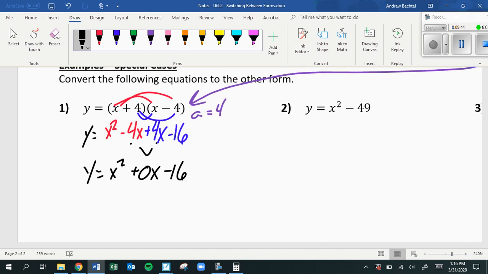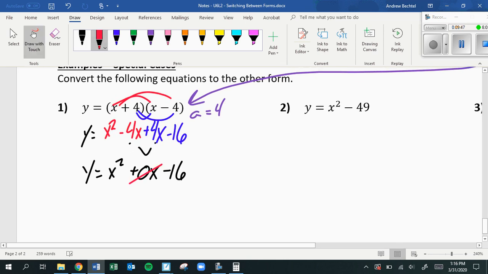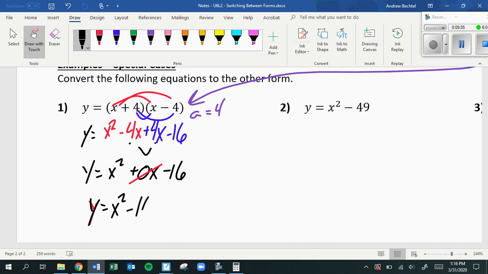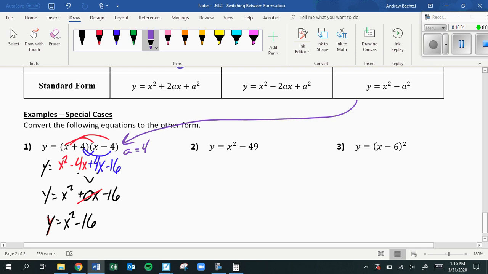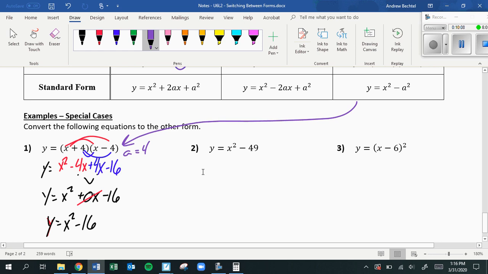We don't really need to write that 0x in our solution, so we can go a step further and say y equals x squared minus 16. Well, if we look back at this rule up here, it does say we would have x squared minus a squared. Well, if we do 4 squared, we get 16.